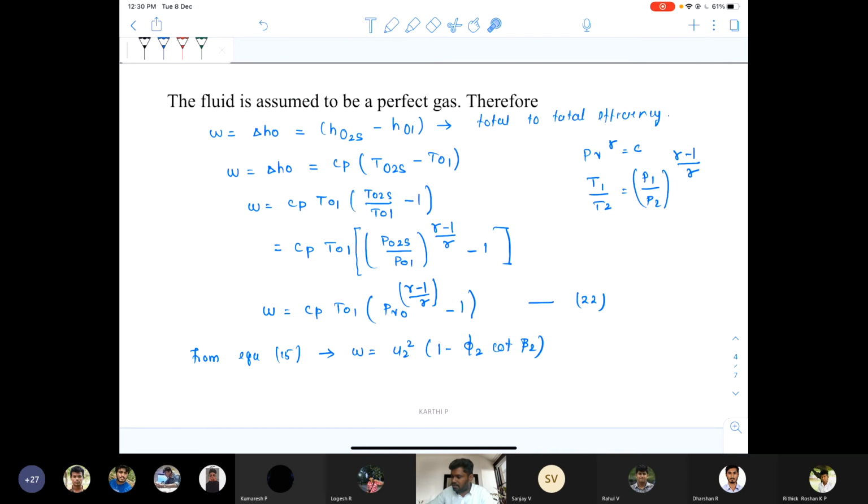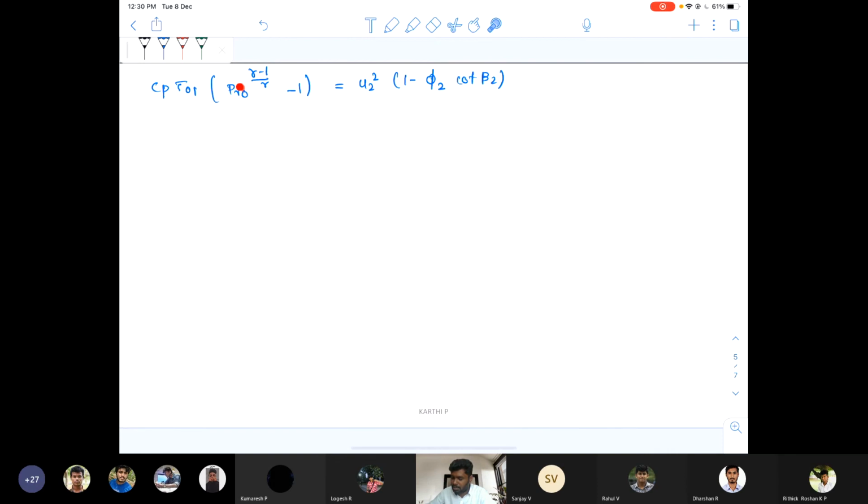I have substituted the value of W in this equation. Now if you rearrange this equation, you can get PR naught to the power of gamma minus 1 divided by gamma, minus 1 will be equal to U2 square divided by Cp times T01 into 1 minus flow coefficient at the exit into cot beta 2.